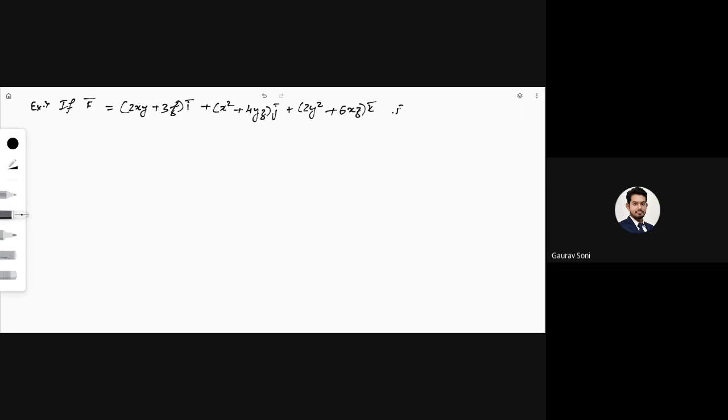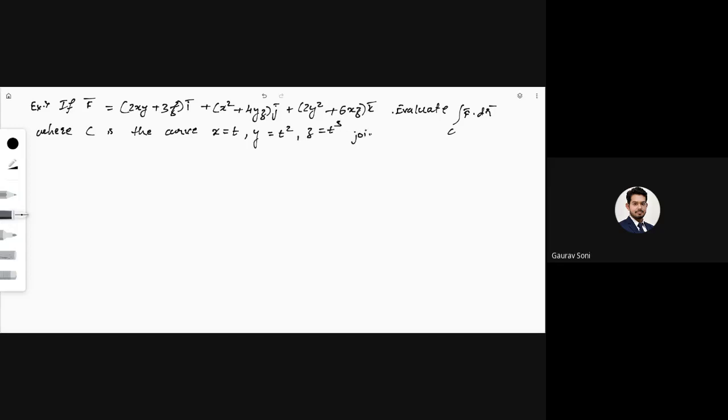Evaluate integral over c f bar dot dr bar, where c is the curve x is equal to t, y is equal to t square, z is equal to t cube.